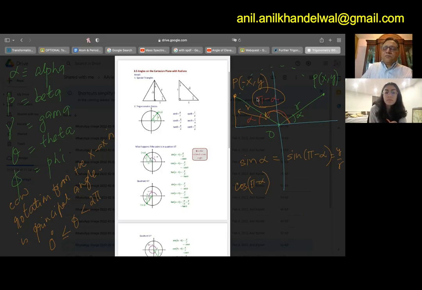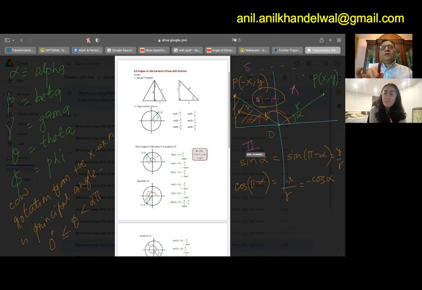If I see cos of pi minus alpha, then this value is what? The x value now is negative. So negative x over r, right? Focus on this triangle. So it is negative of cos alpha. Do you see that? Because in the first quadrant, all are positive. Whenever we talk about pi minus alpha, we are in quadrant 2.